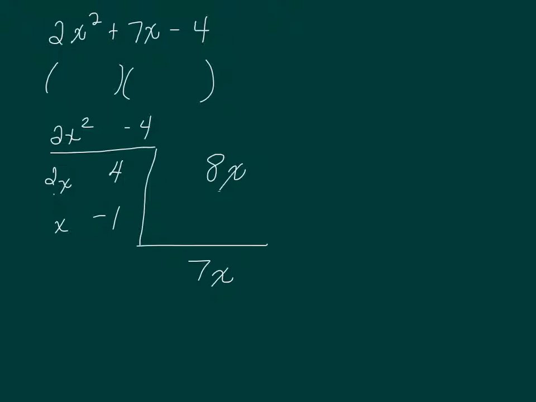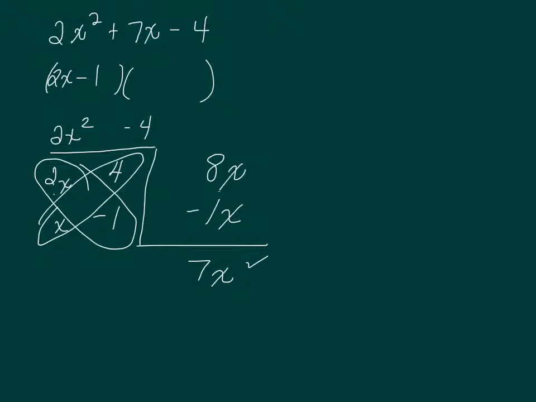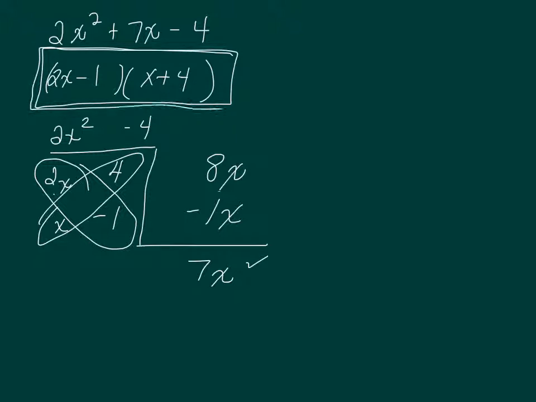And x times negative 1 is negative 1x. 8 minus 1, or 8 plus negative 1, is 7. So 2x minus 1 and x plus 4, that's our full factored form. What do you think?